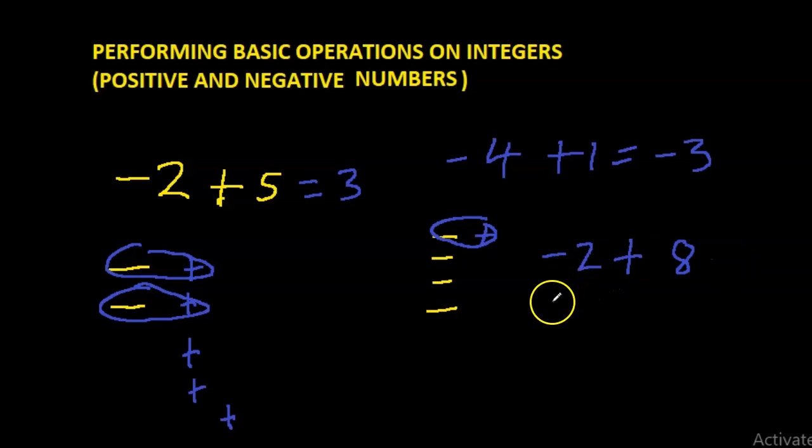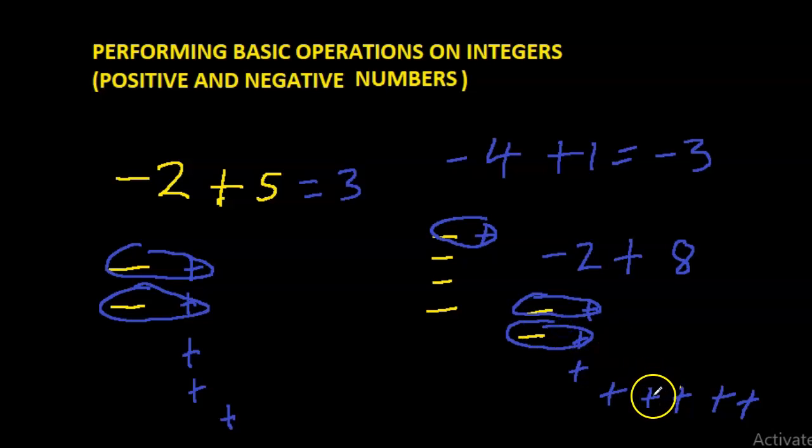So -2, 2 negative signs, and then how many positive signs? 1, 2, 3, 4, 5, 6, 7, 8 positive signs to represent the positive 8, and 2 negative signs to represent -2. Then negative cancels positive, negative cancels positive. So what are you left with now? You're left with 6 positive signs. So the result is positive 6.